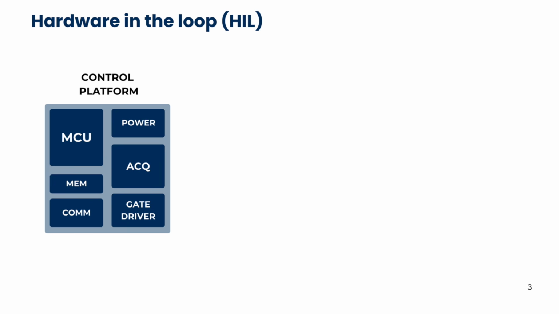In addition, we're going to need power supplies in order to supply that microcontroller, memories, and communication. Some acquisition system in order to obtain the measurements from the power stages and make it available to the MCU. And we also are going to need gate drivers in order to be able to manage the different switches of the power stages.